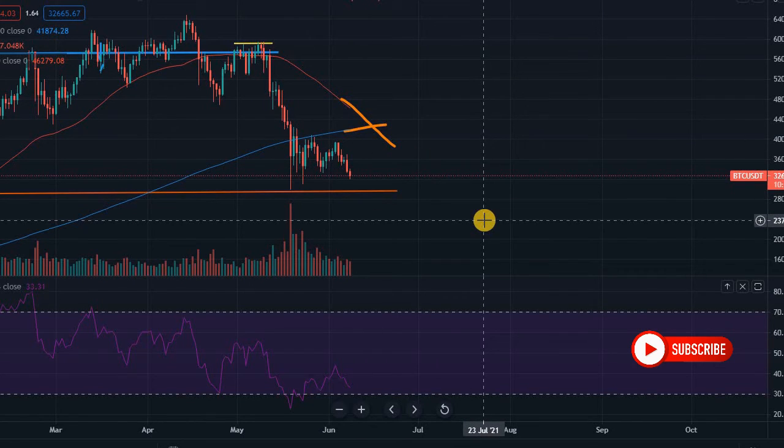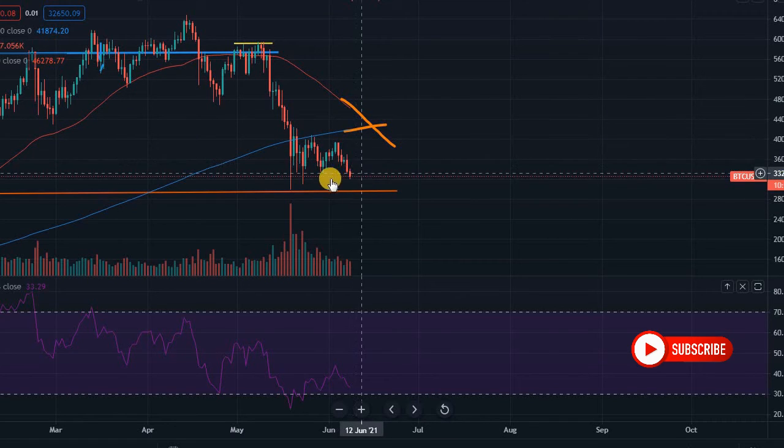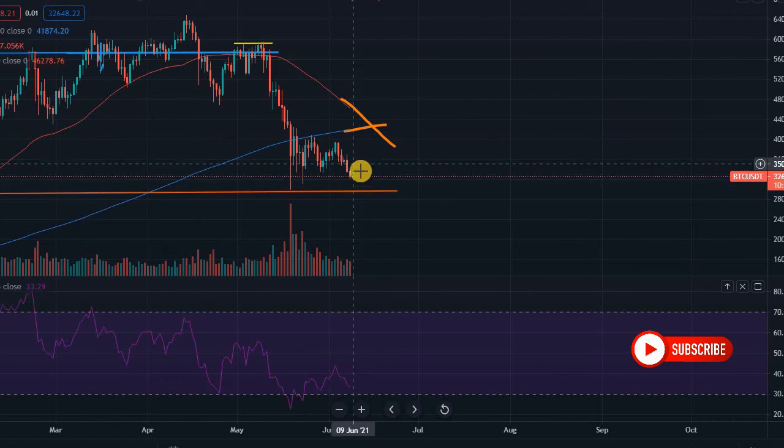If I can get even lower levels, like anything around 22,000, 20,000, in fact they'll be great buying opportunities. But we still have to see, we still haven't broken 30,000, so we still have to see how this move continues. But this is what I am looking forward from this death cross.